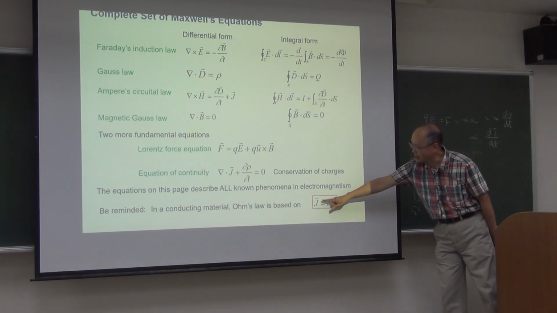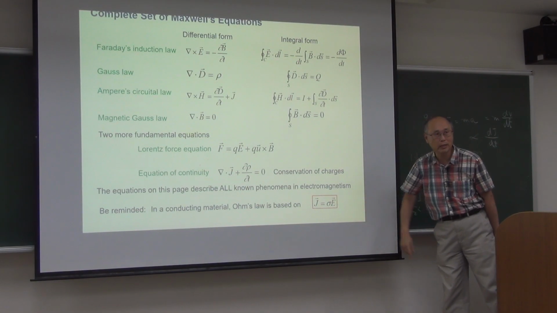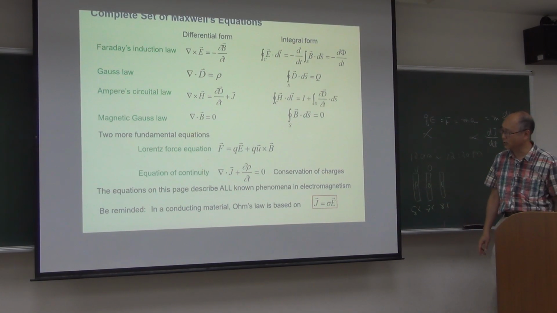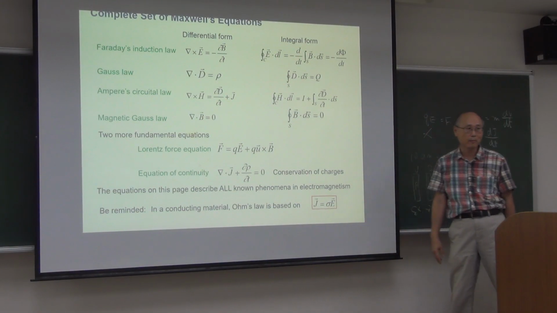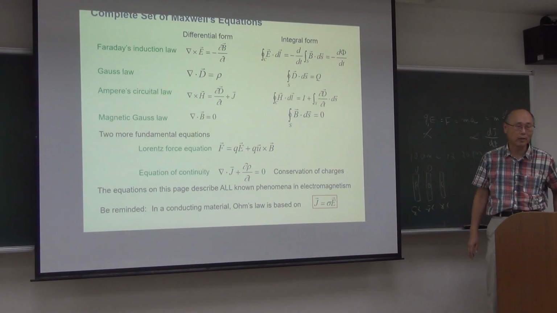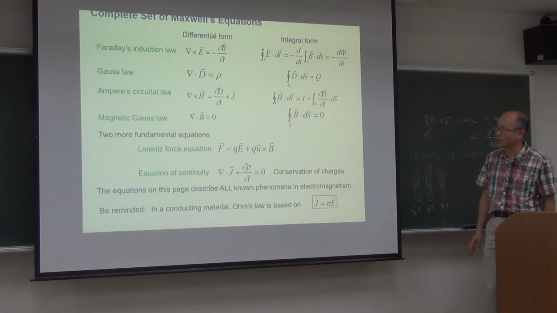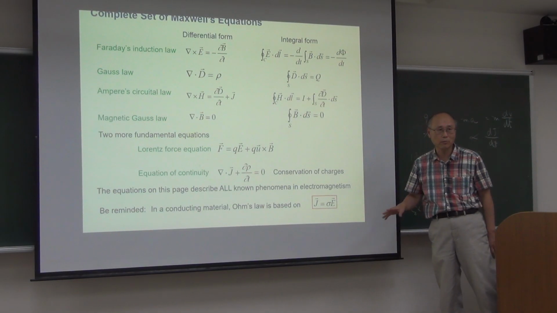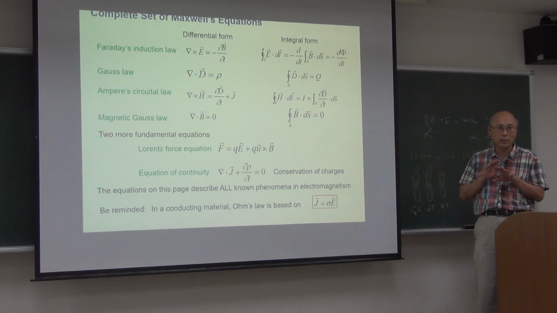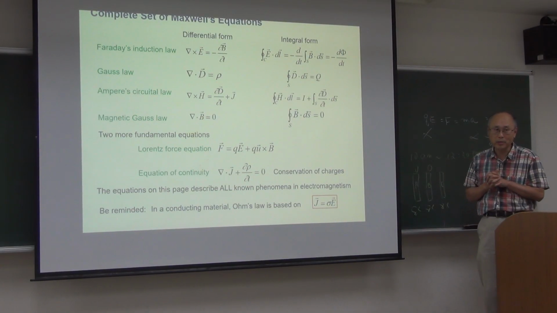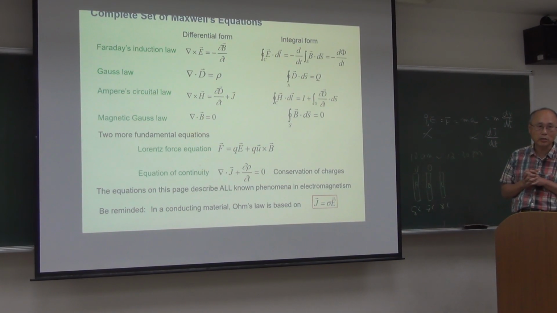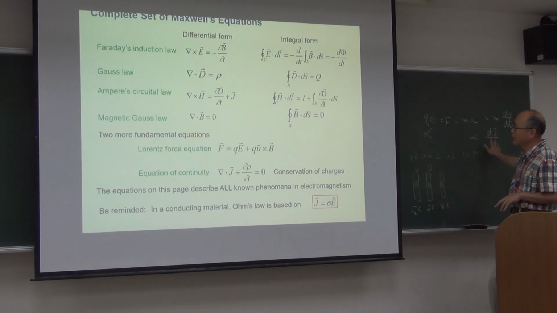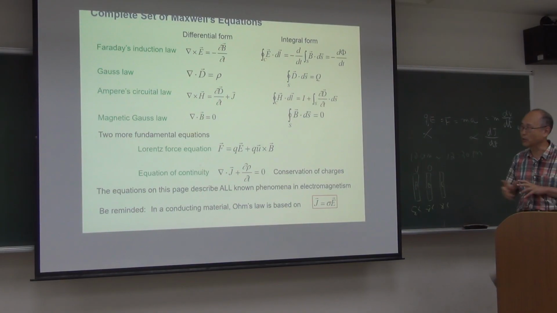Okay, and the linear relationship between J and E is only valid for ohmic material because of collision of the electrons in the material. You have a linear relationship between J and E. So this means that you have dissipation of energy in the material. Okay, but without energy dissipation in the material, then you have a different kind of relationship between the electric field and also the current.